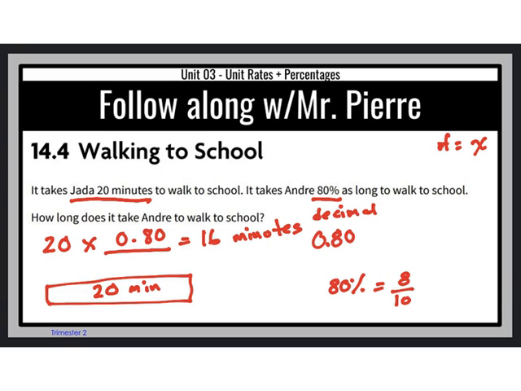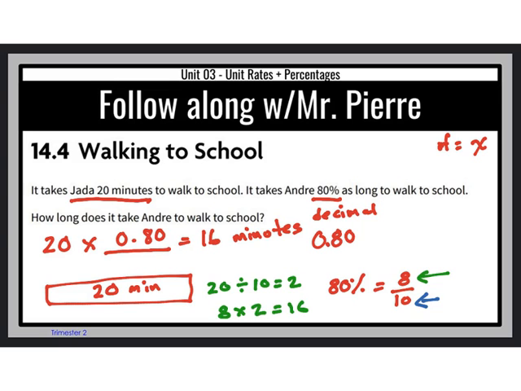So that means we're dividing our total into 10 pieces, and that we're going to just be looking at 8 of those pieces. And so if we divide 20 divided by 10, that's equal to 2. And if we look at 8 times 2, or 8 of those pieces, that's equal to 16.